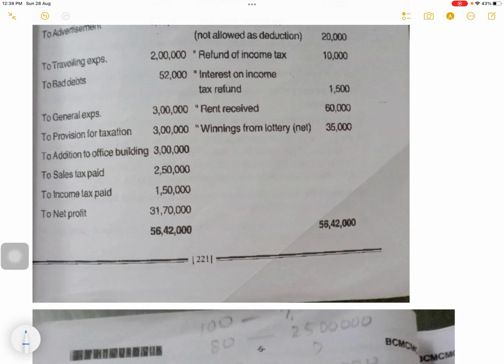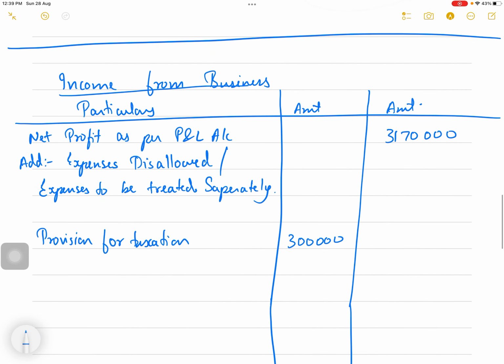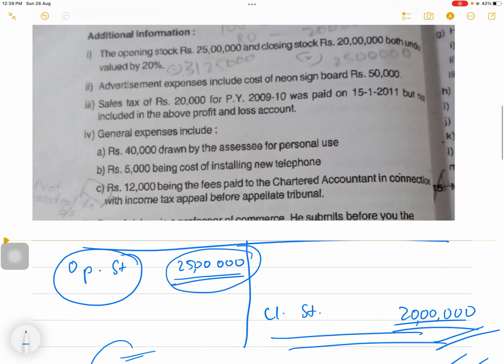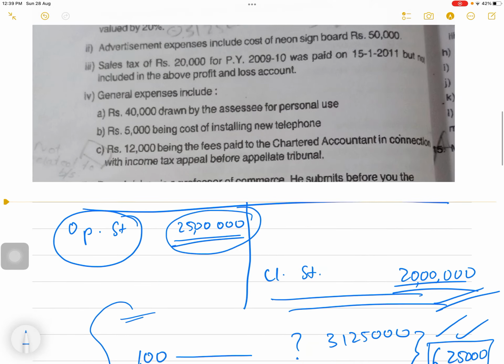Addition to office building, capital expenditure. So that also you will add, 3 lakhs.